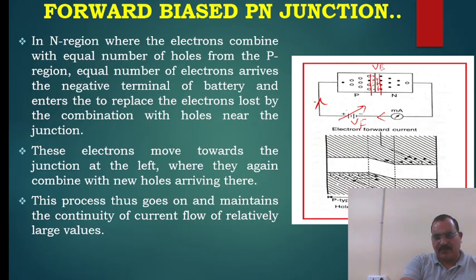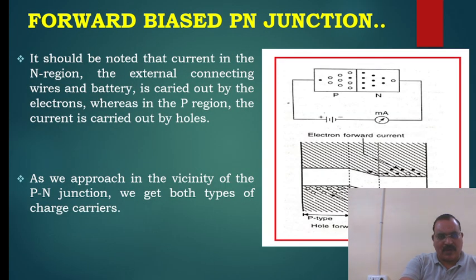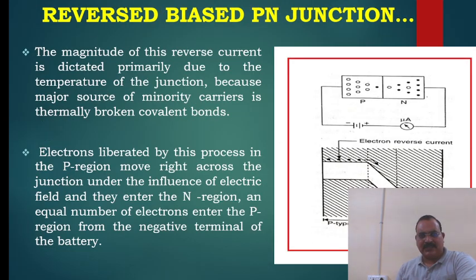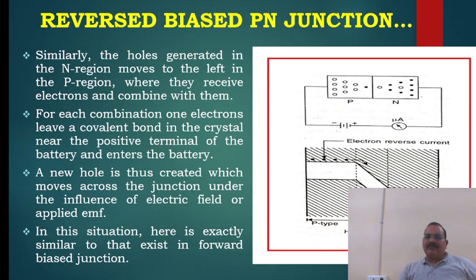Okay, so this is your forward bias case, and similarly we can also make the second type, reverse biased.